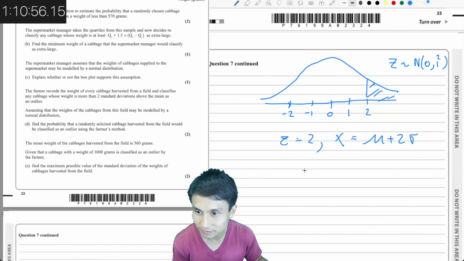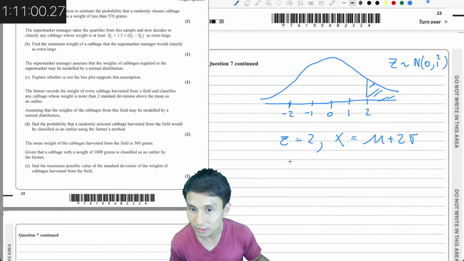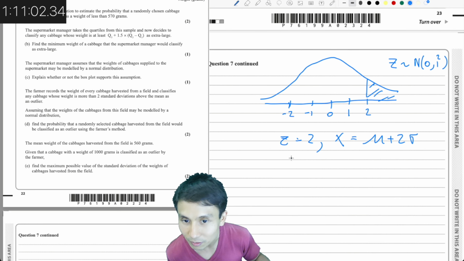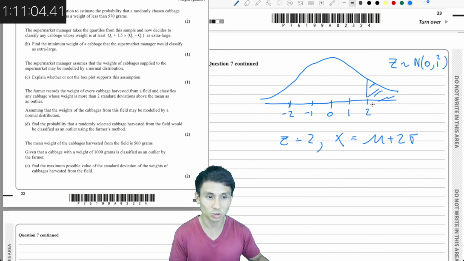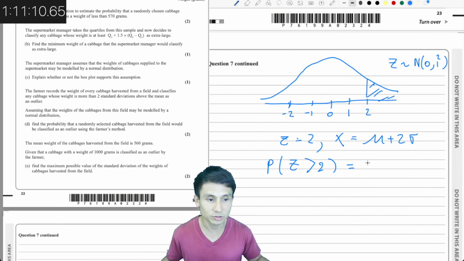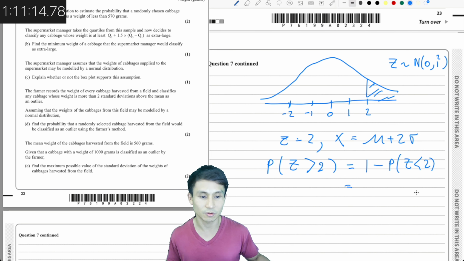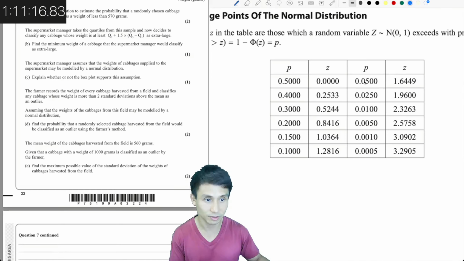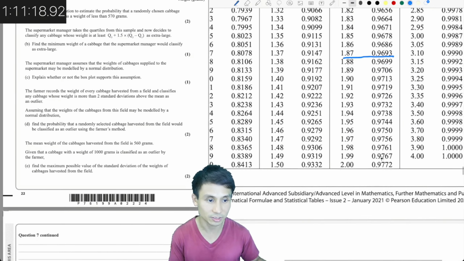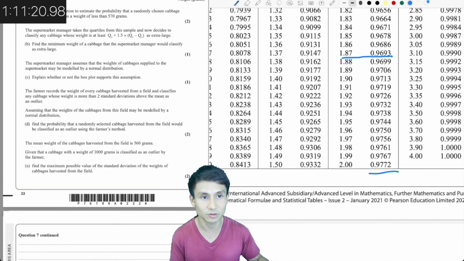An outlier, above the mean, so we just want this tail right here. So we want the probability of Z greater than 2. So it's just 1 minus P(Z less than 2). We check the table. Z of 2 is 0.9772.